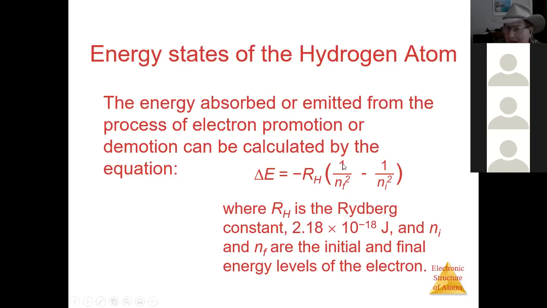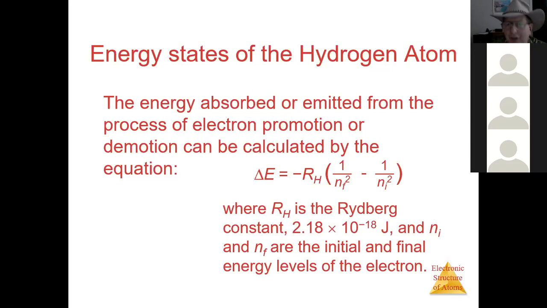So this portion of the equation becomes 1 over 2 squared, or 1/4, minus 1 over 4 squared, or 0.0625. You get 0.25 minus 0.0625. Do you have a positive number or not?